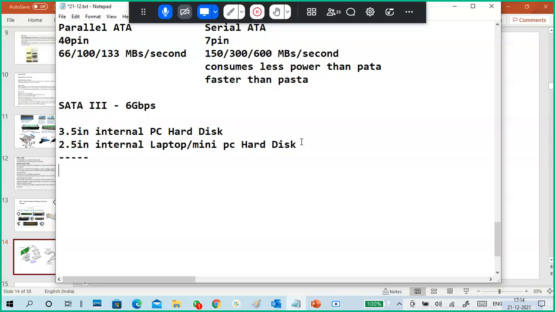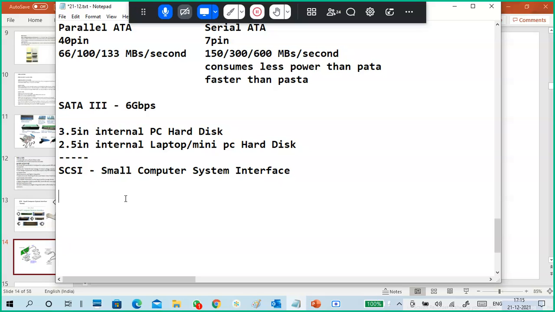What is this SCSI? Can anybody give the abbreviation? Small Computer System Interface.